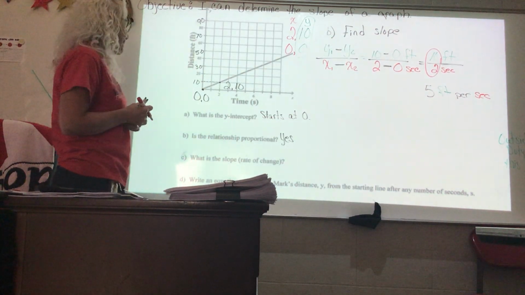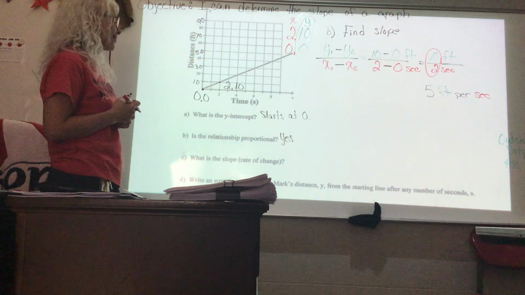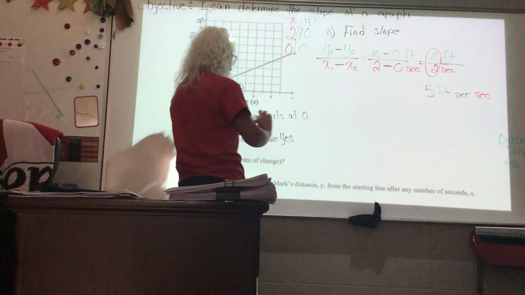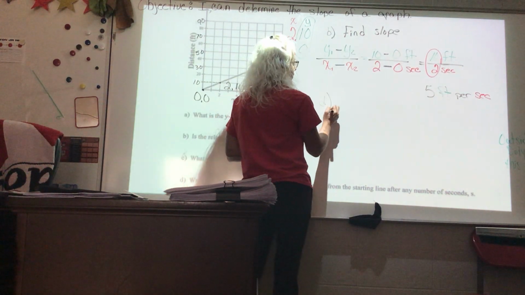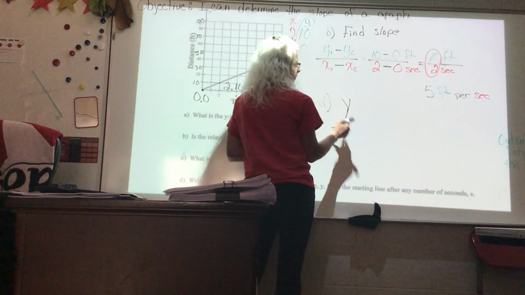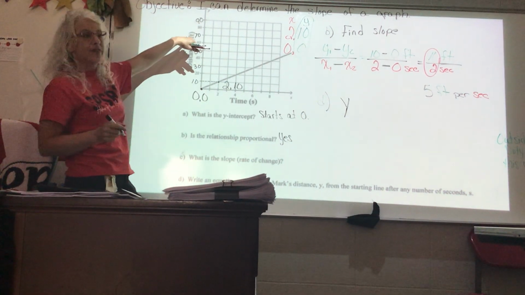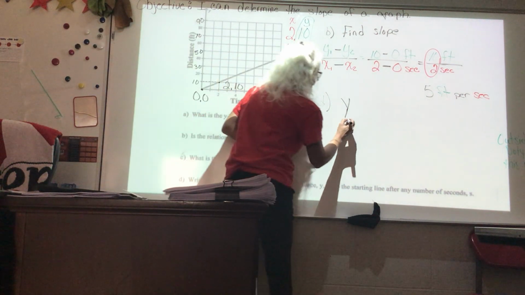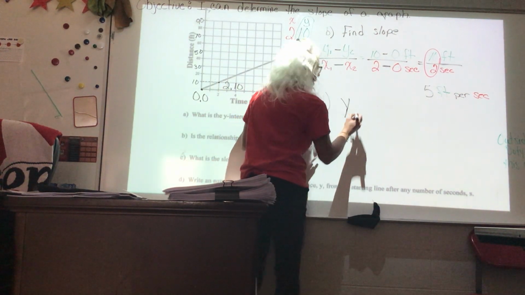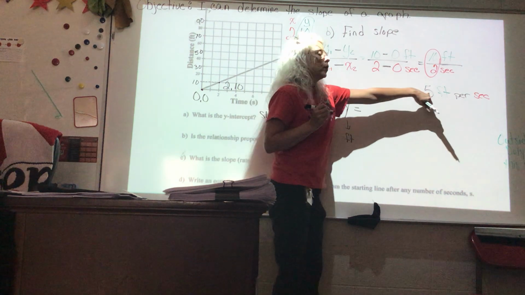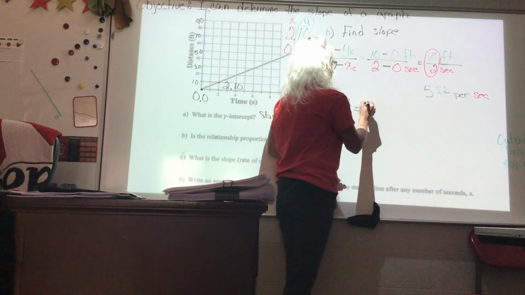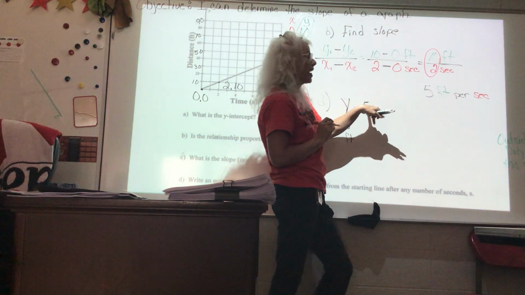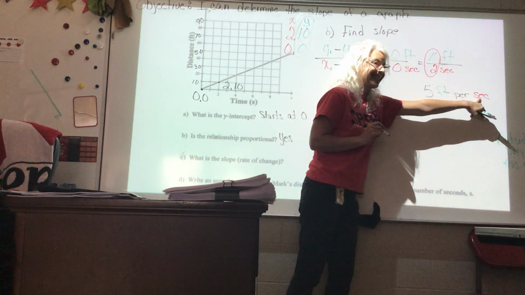Then on part D, it says write an equation to represent Mark's distance y from the starting line after any number of seconds. So I'm gonna do part D here, so I don't have to bend over. His distance, y, is it feet on the y-axis? So y stands for feet equals, we're putting our slope, or our rate of change, and his distance is changing by 5 feet every second.